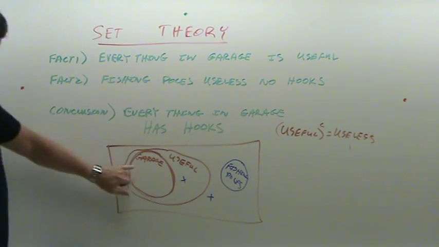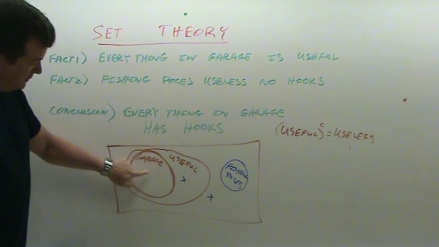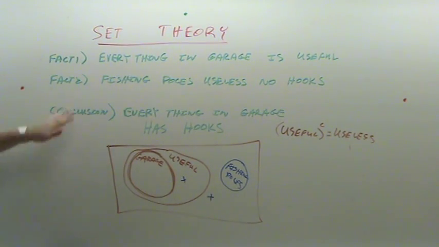The answer would be yes, that would be something out here. Is it possible that something could be useless, outside of this circle, but be in this circle? That's not possible, because of the statement, everything in the garage is useful.